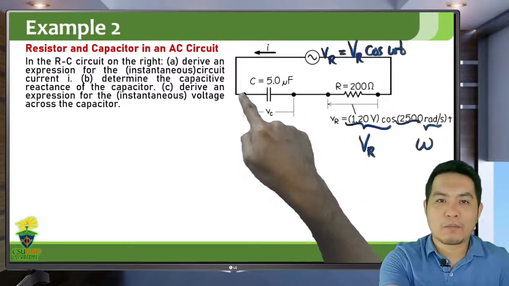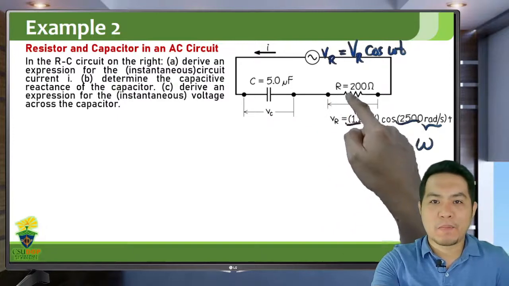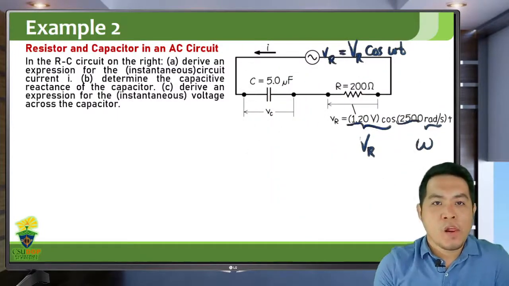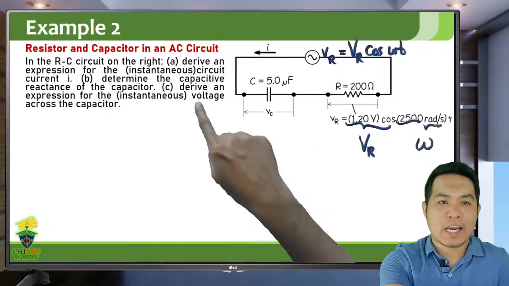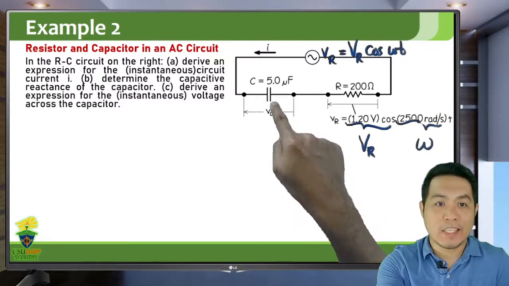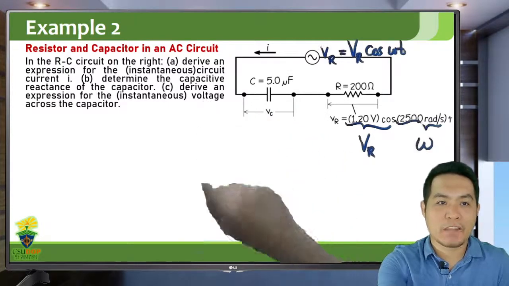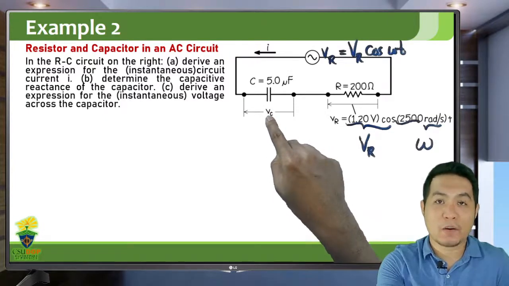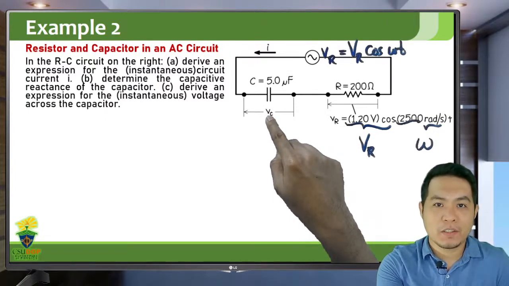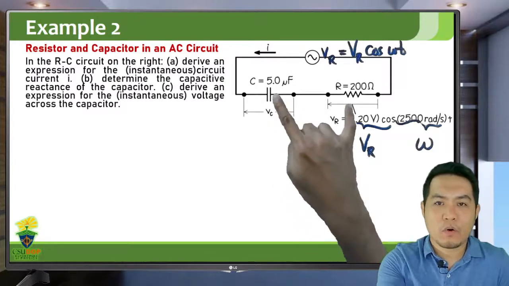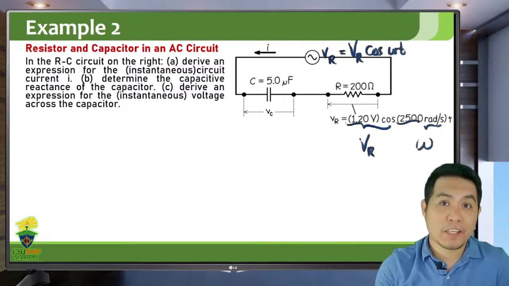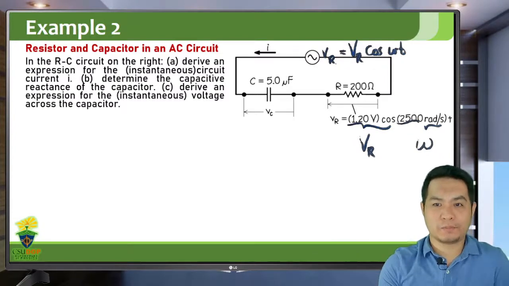So the current that flows to the capacitor is just the same current that flows to the resistor. We're also asked to determine the capacitive reactance of the capacitor, so XC. And we are asked to derive an expression for the instantaneous voltage, VC, across the capacitor. So take note, all of the voltages in our circuit elements are also alternating or fluctuating.